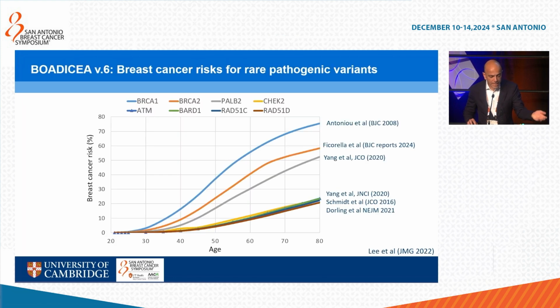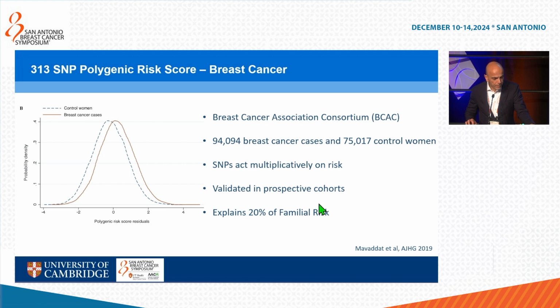And this slide, which you've seen also from Fergus, summarizes the average risks that are assumed within the models for the breast cancer susceptibility genes. So we have the high-risk genes, BRCA1, BRCA2, and PALB2, and then the more moderate risk genes, which all have similar risks varying between 21 to 24% by age 80.